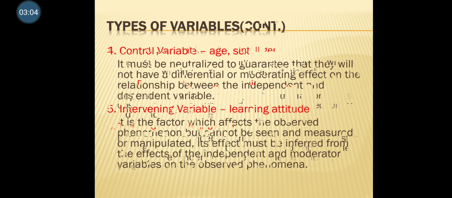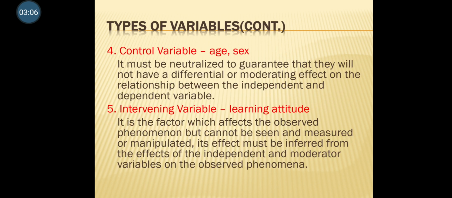Now we'll see the next, fourth one, that is control variable. Control variable also has an effect on the dependent variable, but it should be neutralized by the researcher in order to get the correct result.